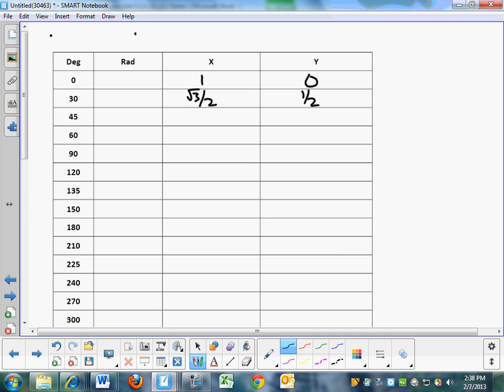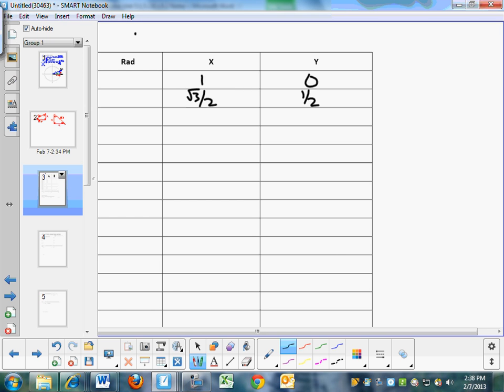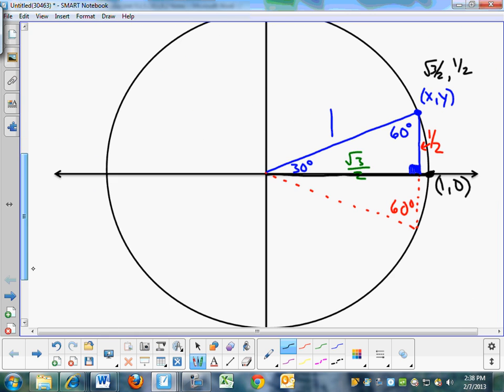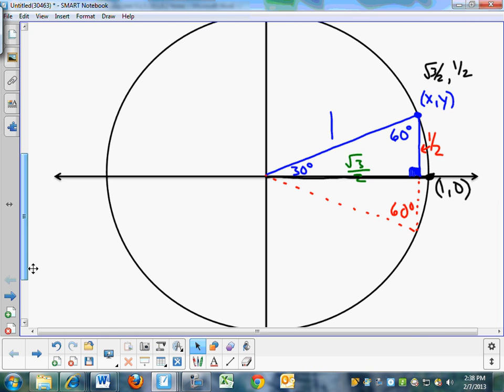Let's do a 45-degree angle now. This is the unit circle, and that means that the radius of the circle is 1.